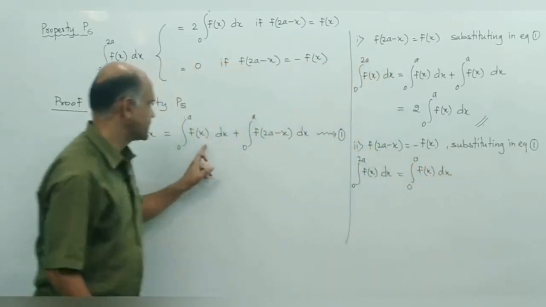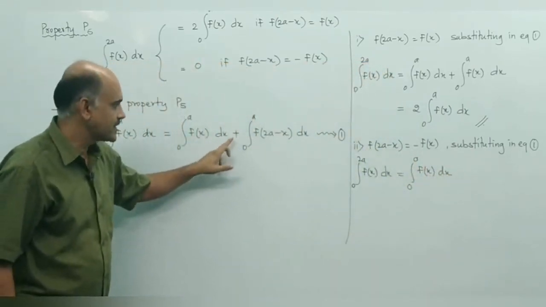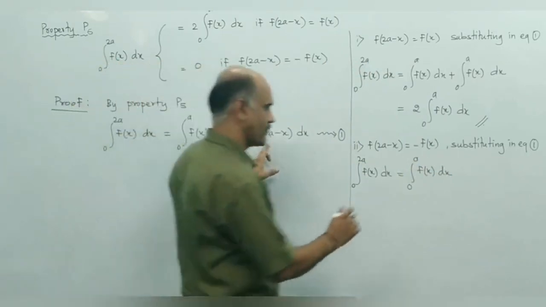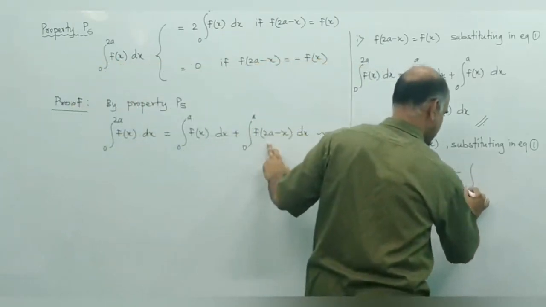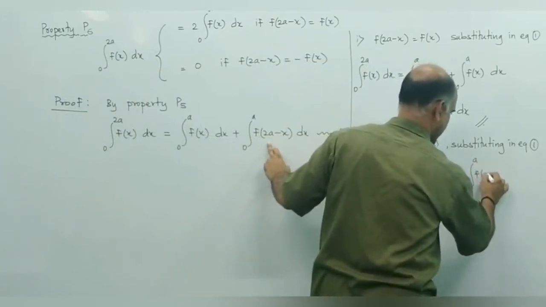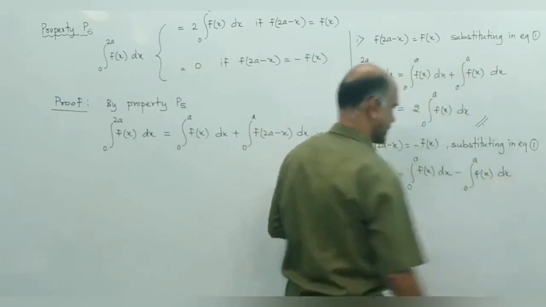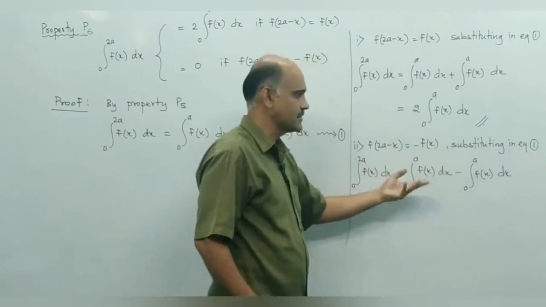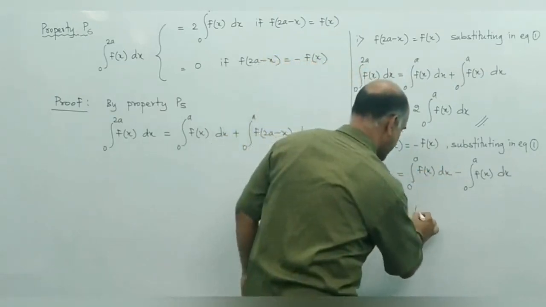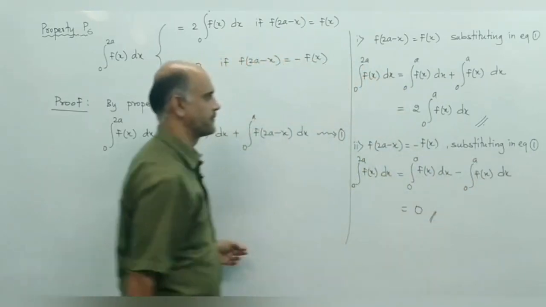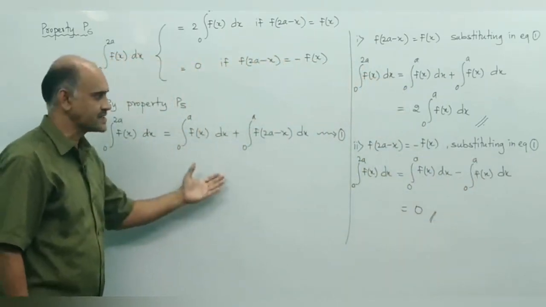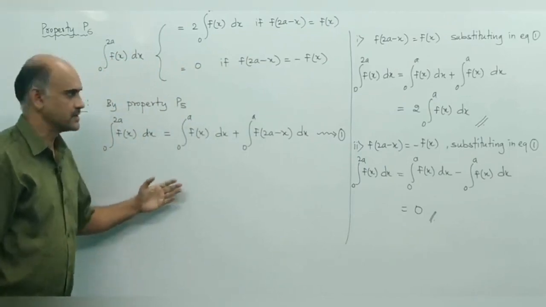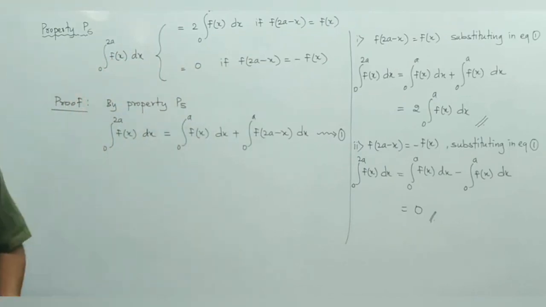Now here it becomes minus and f of 2a minus x becomes f of x, so minus 0 to a f of x dx. Now if you observe, both integrals are same, limits are same, so subtraction is there, so answer will be 0. So clear students, this is very easy and it has even been asked in annual exams. Last property we will see now.